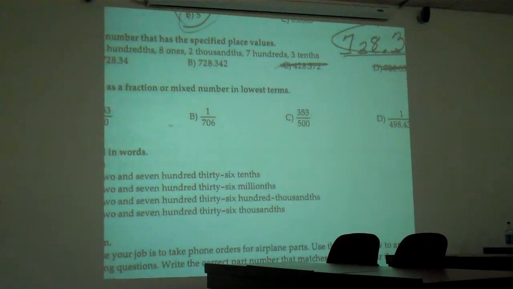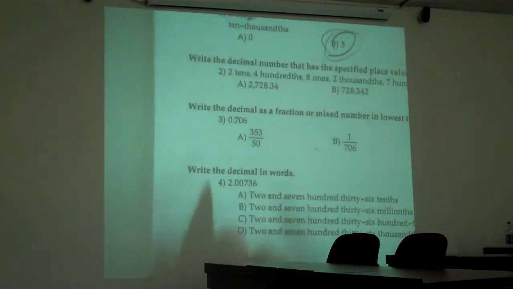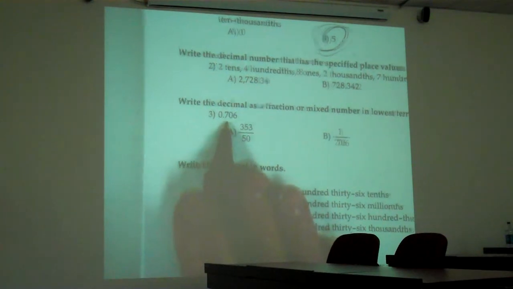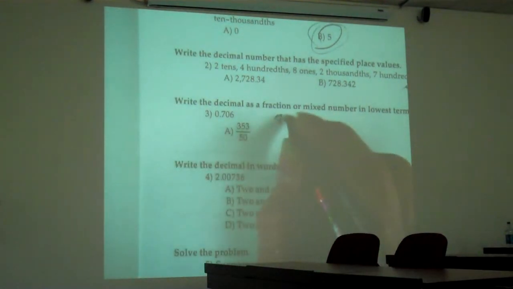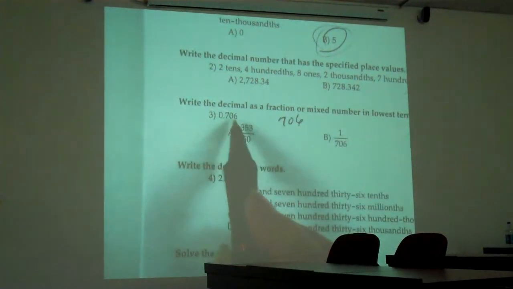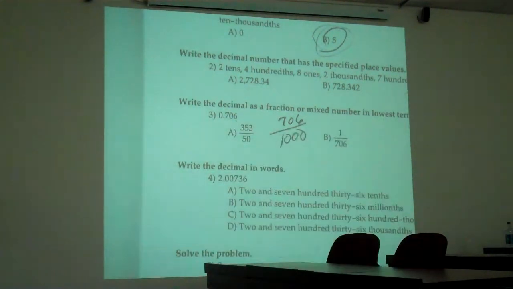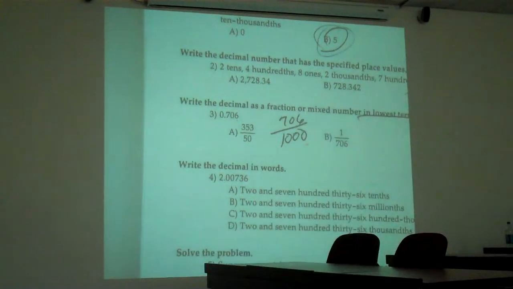Okay, number 3, you need to write the decimal as a fraction or a mixed number in lowest terms. You have 706, and what place value is that in? 10, 100, 1,000. Okay? So you need to reduce that because it says in lowest terms.